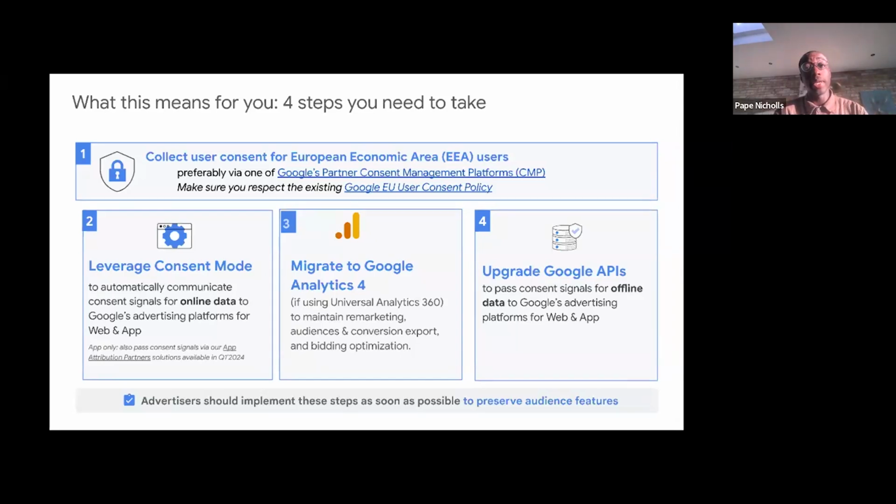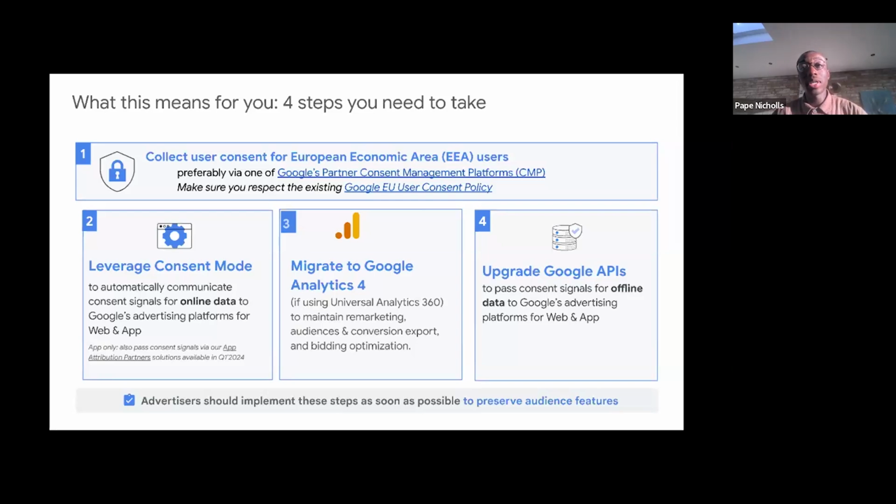But we've also updated consent mode. And so we released a second version of it, and if I do remember well, it was in December last year, that we recommend that you implement for audience cases like remarketing. And also Christian touched upon it, but we at least require it not only for web, but also for apps.